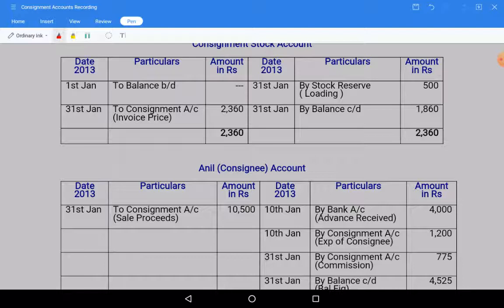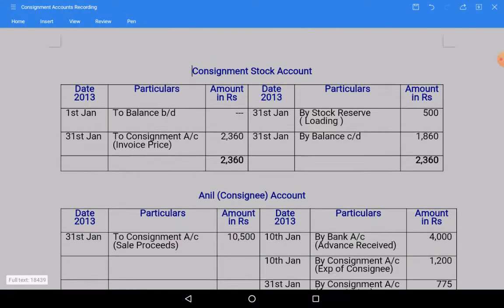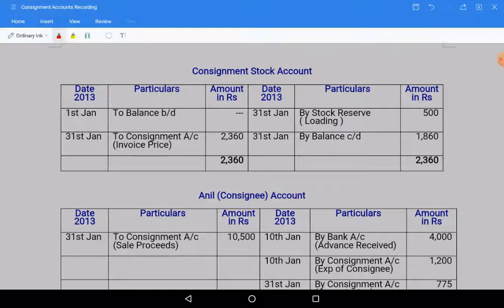Next one is the consignment stock account. Which account are we dealing with? Consignment stock account. In the consignment stock account: date, particulars, amount, date, particulars, amount. On 1st January, to balance brought down, nothing is there, but on 31st January there is consignment stock.